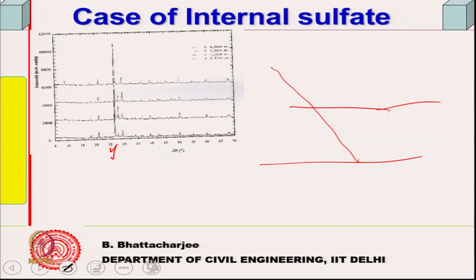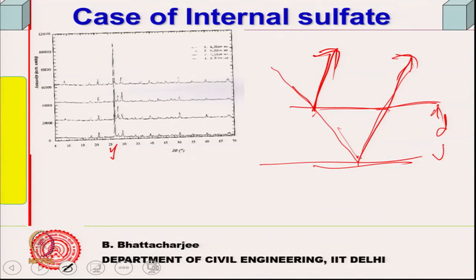So, if there is a crystal plane here, another crystal plane here, the first ray will diffract from here, get reflected from here, and the next ray will get reflected from the other plane, and if this is the d, then since it is a coherent source, these two can interfere constructively depending upon the angle of incidence, because the path difference should be equal to n lambda.